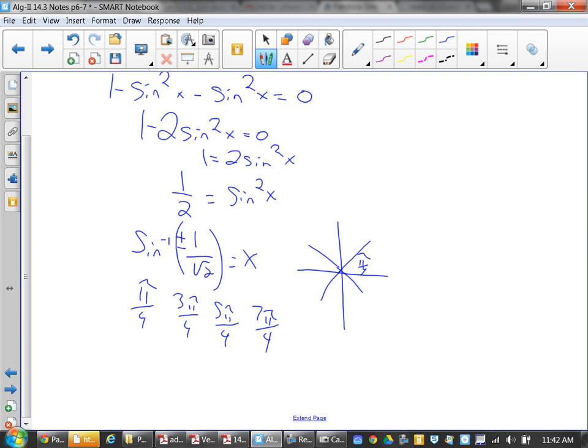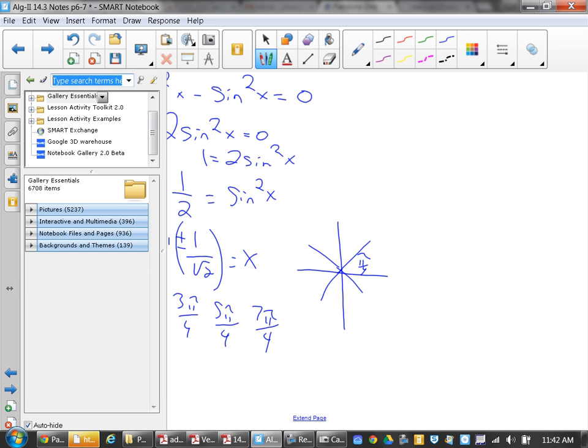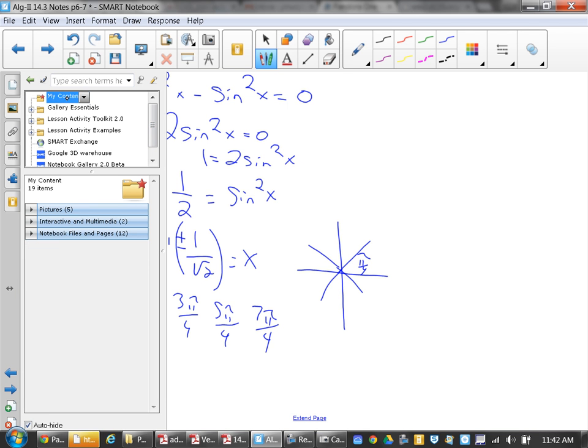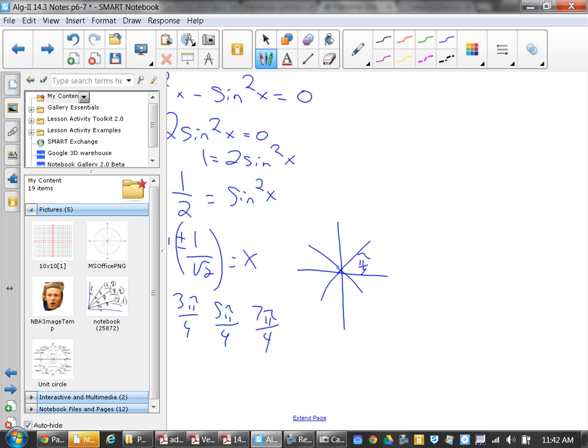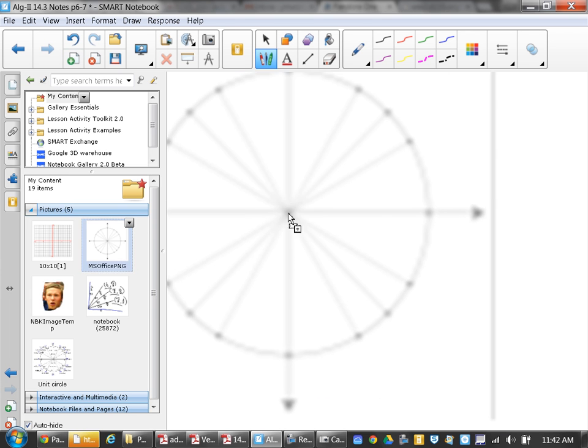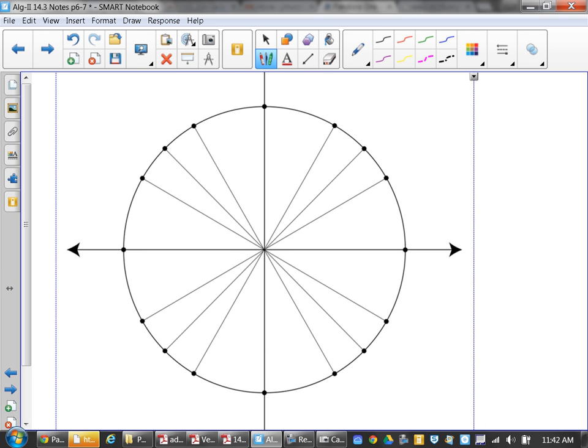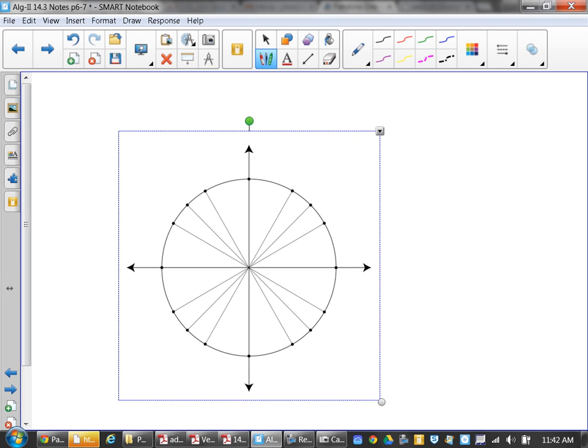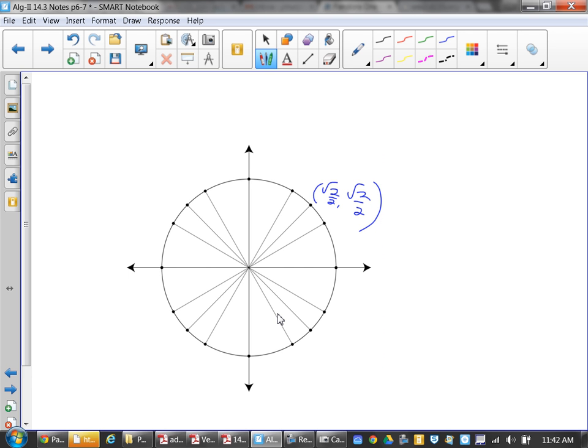Think about your ordered pair on the unit circle. If I square the cosine value and subtract the square of the sine value, I get 0.